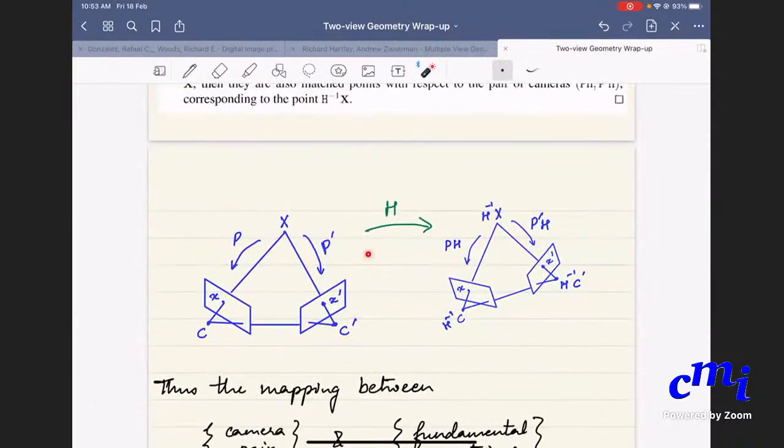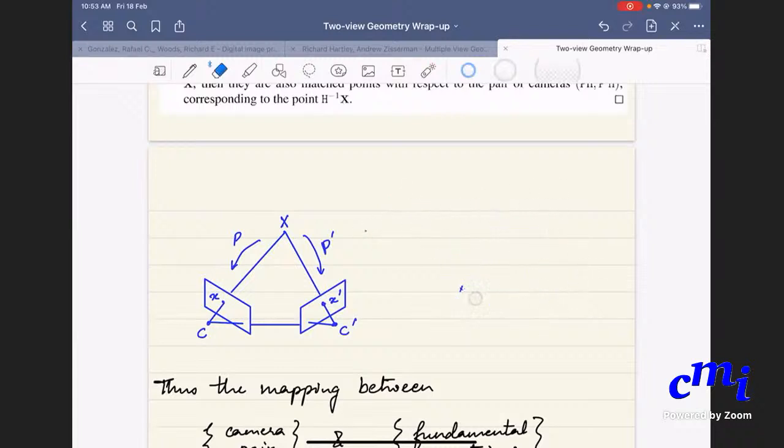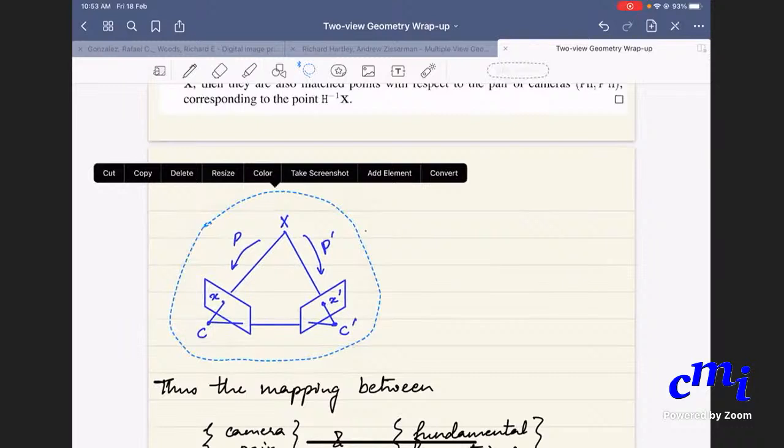So here we have the setting of two view geometry, right? Two cameras, two images, and then a world point X being projected by P and P prime onto these two images. Now, this is a configuration, right?